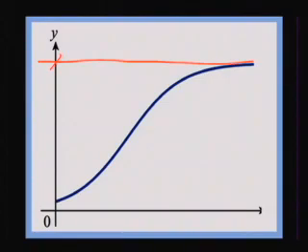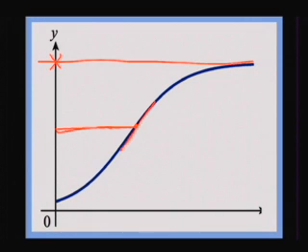And what I want you to notice as well is that if we look at about the halfway point between where it starts and the maximal capacity, at this point right here is when the population is growing the fastest, i.e. the slope is at its steepest, which is the halfway point.